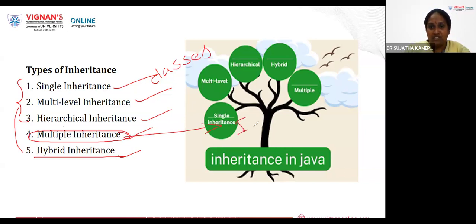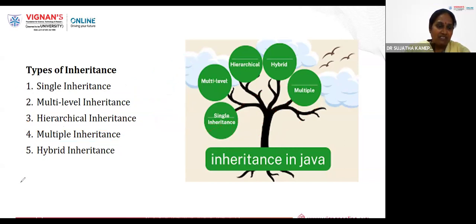It can be achieved by using interfaces. Right. What about interfaces and all these things we will see in our further sessions, right? Now we are going to see these four types of inheritances: single, multi-level, hierarchical, and hybrid inheritances.